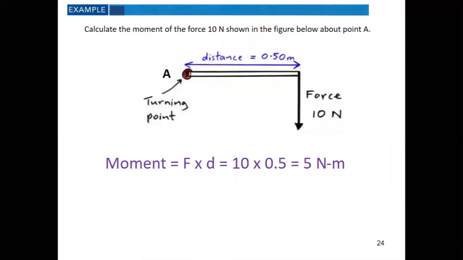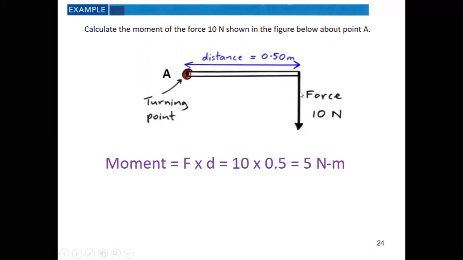If a pivot point is given and a force works at a distance on a plank, the plank will move towards the force. How much will it move? We can find out the moment. The moment equals the perpendicular distance d multiplied by the force.